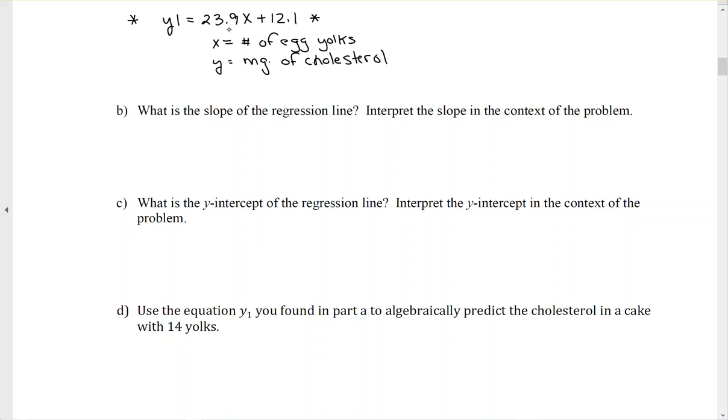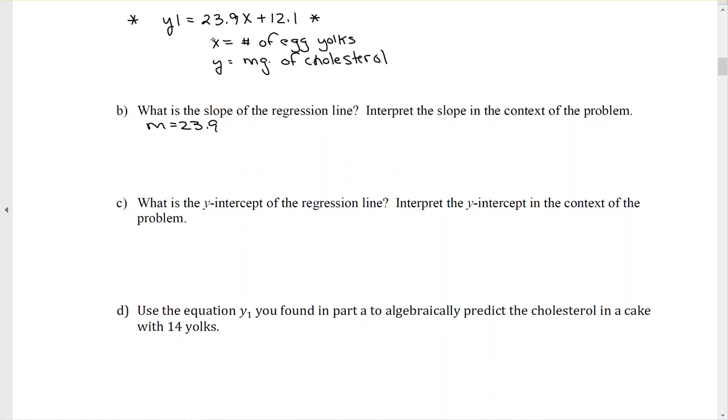So for part B, what is the slope of our regression line? Slope is the number in front of x. So our slope is 23.9. But we need to give meaning to that number. If it's slope, it's going to be something per something.